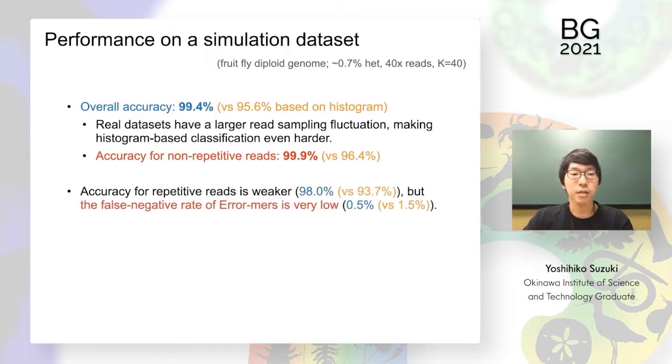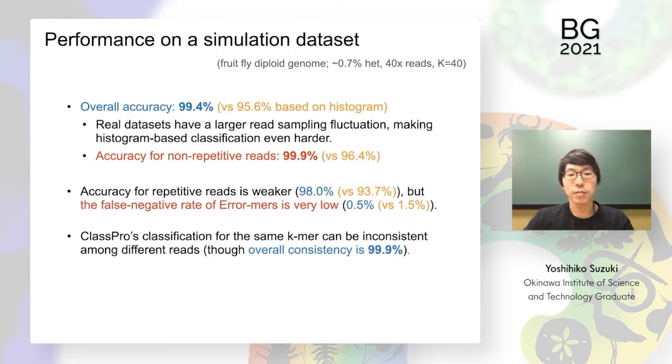So yes, the accuracy gets weaker for repetitive reads because the information available in the read profile decreases. But one advantageous point of ClassPro is that the false negative rate of erroneous k-mers is very low, where the histogram-based method fails to detect 1.5% of the erroneous k-mers, but ClassPro does only 0.5%.